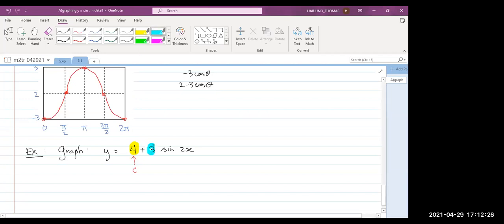This 3 here is the amplitude. Now this 2 here is the frequency. It will change the period. It finishes one cycle in 2 pi supposedly, but because you play the movie twice as fast, you finish it in pi.